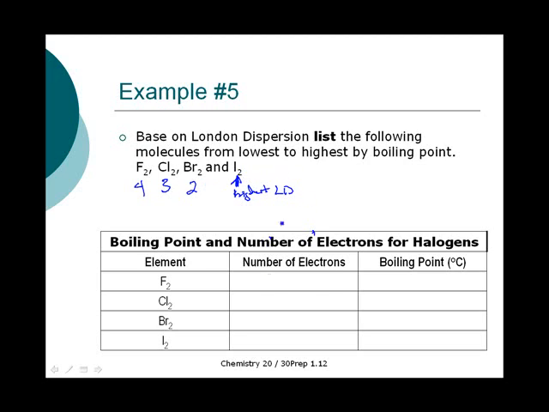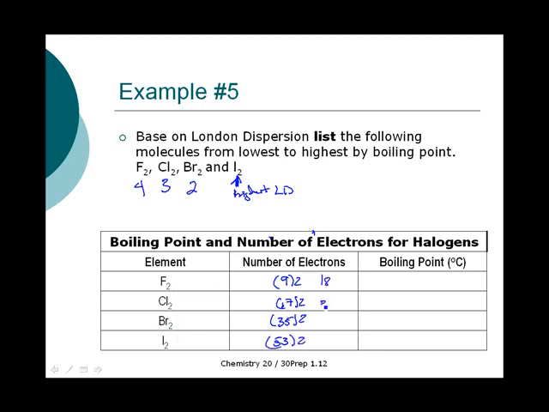So in terms of boiling point, we'll go with number of electrons. Fluorine has 9 electrons. Chlorine has 17 electrons, same as its number of protons. Bromine 35, and iodine 53. Now remember, these are diatomic molecules, so we actually have to multiply each of these numbers by 2 to find the number of electrons for each molecule.